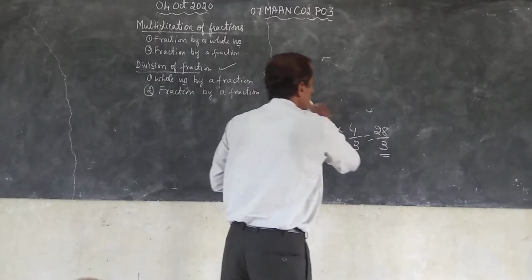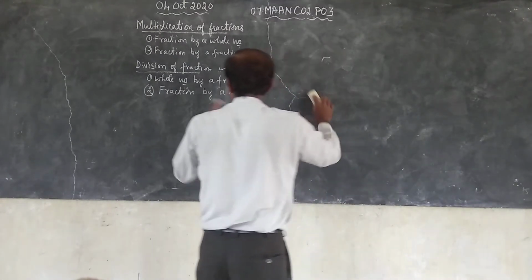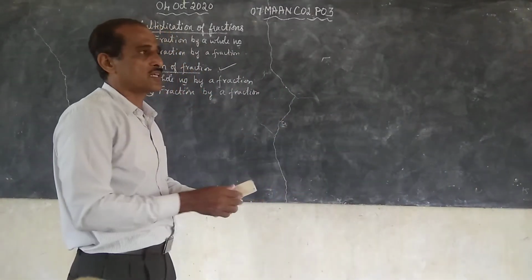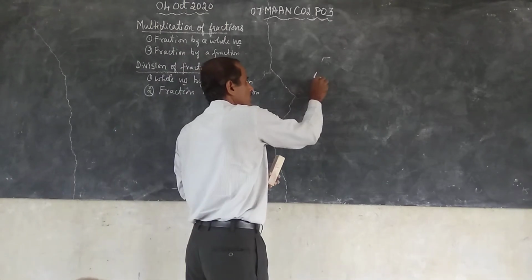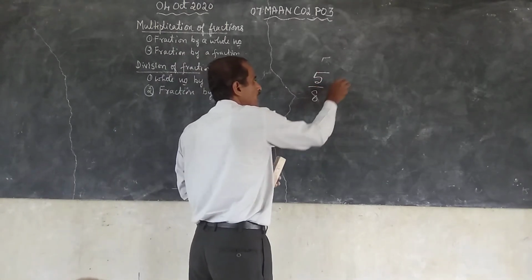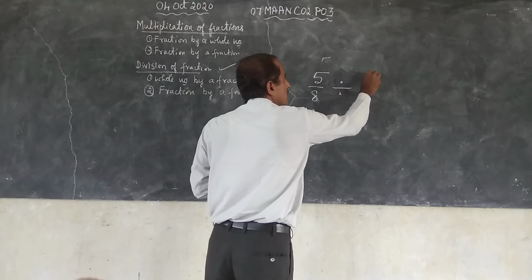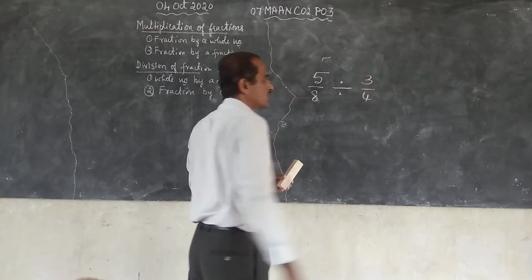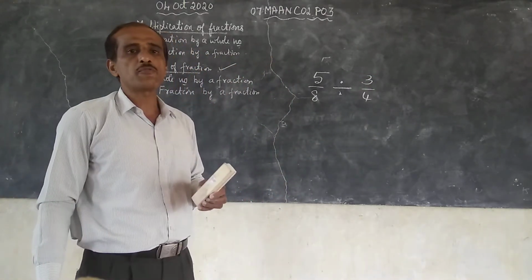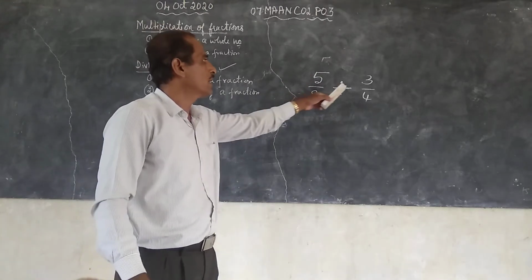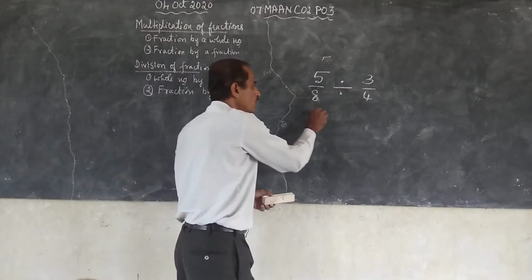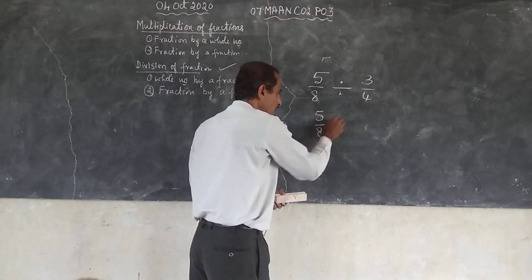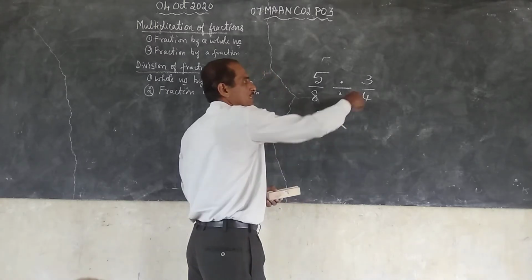Next, let's see division of a fraction by another fraction. For example, 5 by 8. Divide 5 by 8 by 3 by 4. The question is 5 by 8 divided by 3 by 4. What you have to do? 5 by 8 into how much?